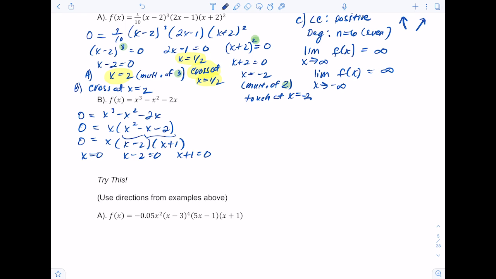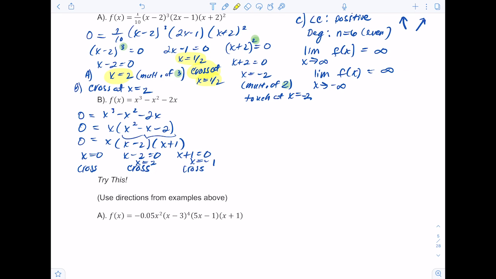And here, as you can see, we don't have any powers other than 1. So for each of those, it has a multiplicity of 1. 1 is odd, so that means it's going to cross. So it's going to cross at x equals 0, at x equals 2, and at x equals -1.